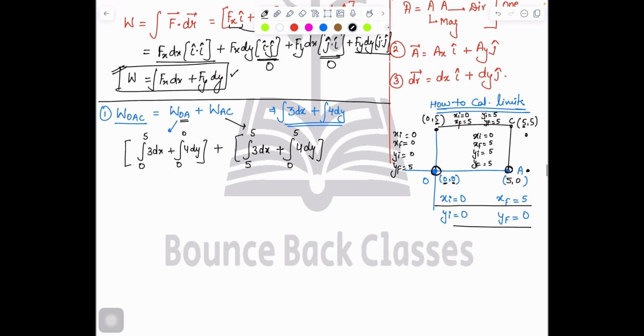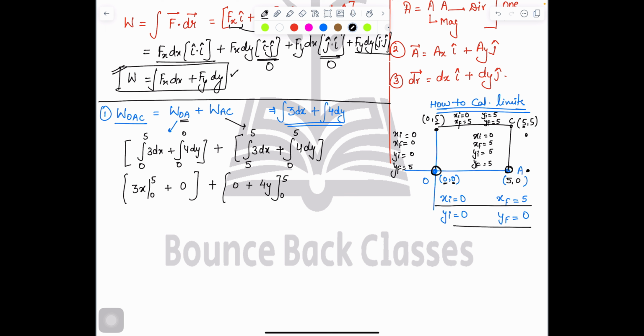Okay, now solve them. So we get 3x, limits are 0 to 5 once you solve the integration, plus 0 because both the limits are 0, bracket close. Plus, limits are same, 5 and 5, so result is 0, plus 4y, limit is 0 to 5.